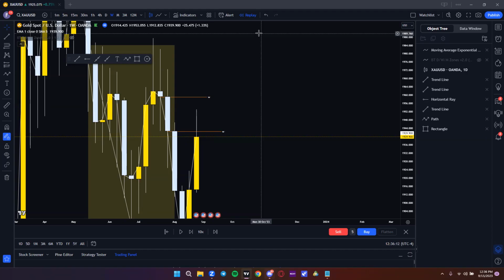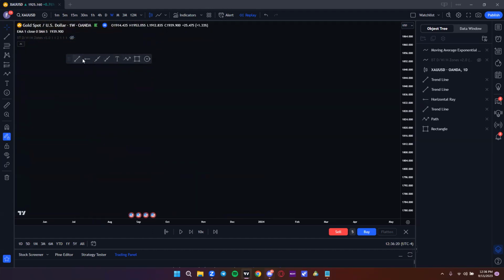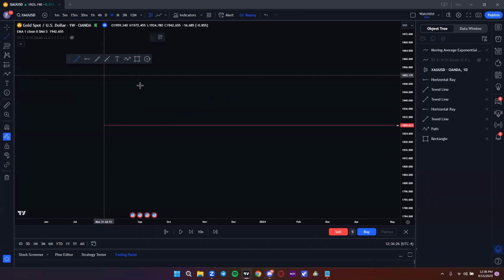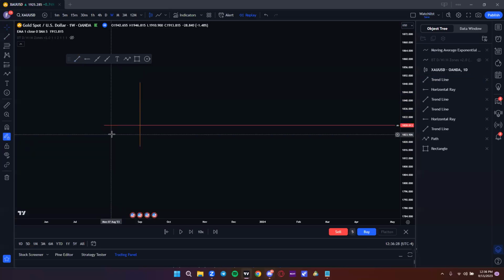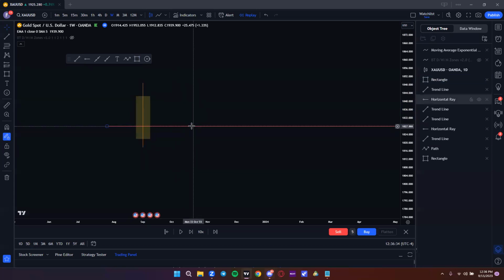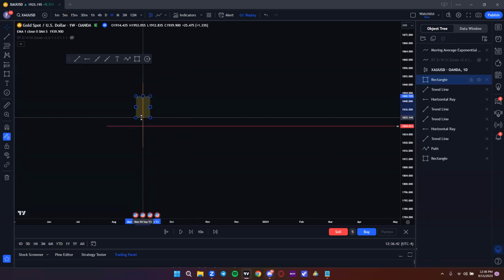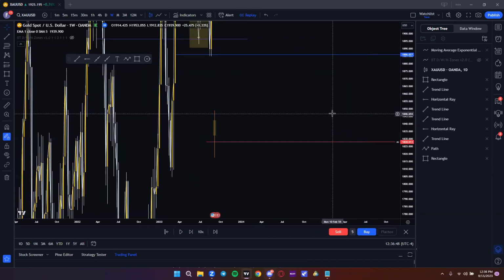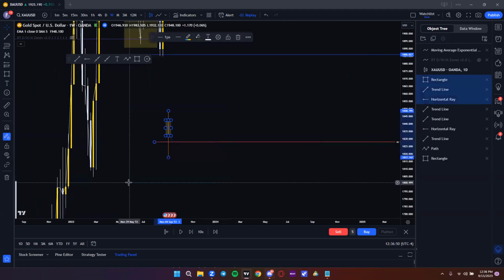If you have a monthly level and the weekly body is right here, people will assume there's a breakout, but actually the weekly didn't end. Say it's Wednesday or Thursday, it can just come back up and reject it.